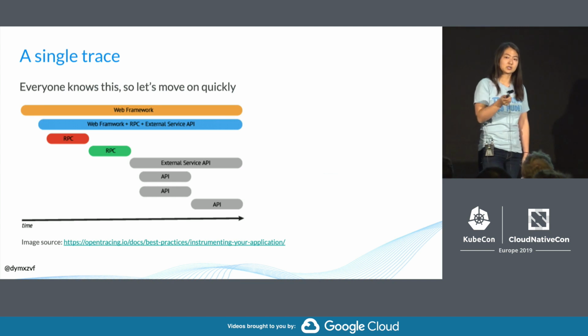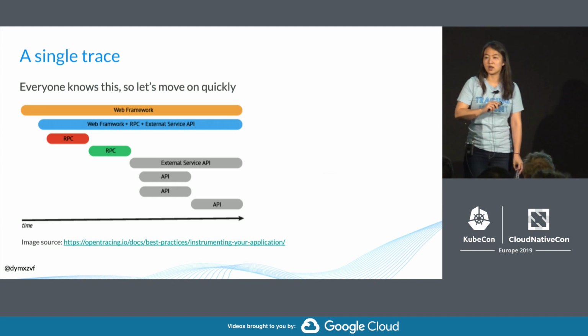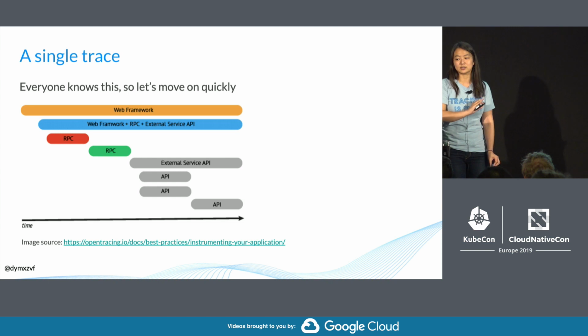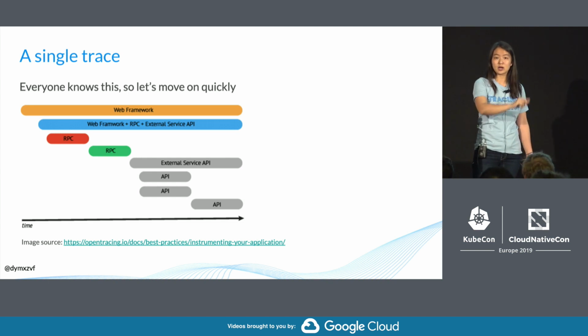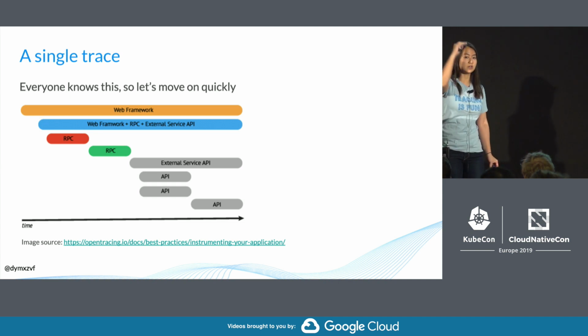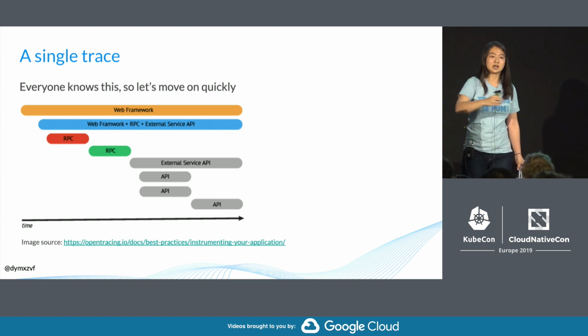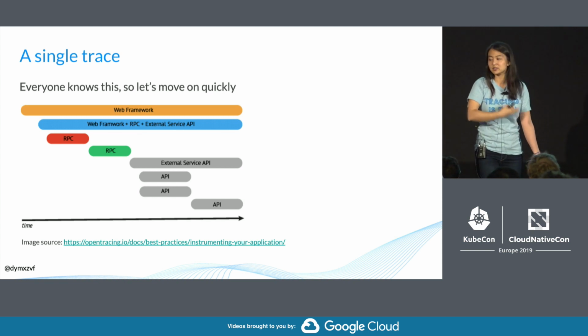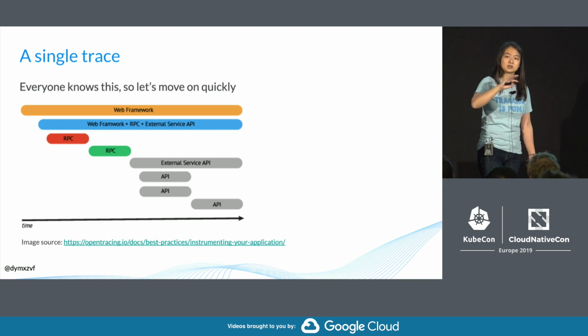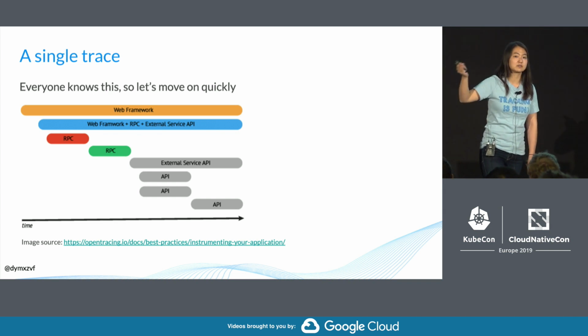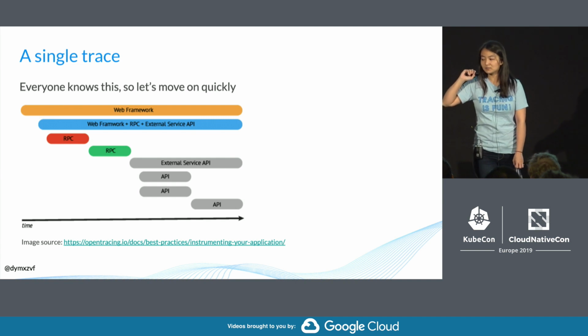Okay, so what does a trace look like? Again, very simple. I think most of you probably have seen a visualization of this. We have typically some kind of a client, a web framework that makes RPC calls to a backend server, an API server, and that API server in turn, as you get deeper and deeper into the stack, this is a very well instrumented trace. In this case, you see a blue RPC, a red RPC, a green RPC, a bunch of gray RPCs, maybe an external service, a third-party vendor.